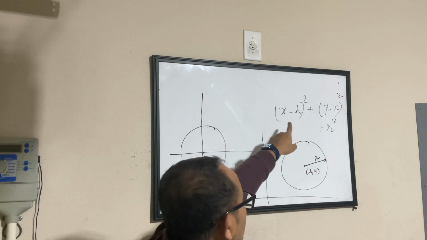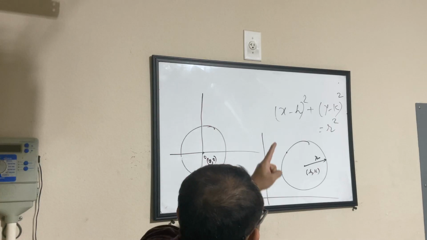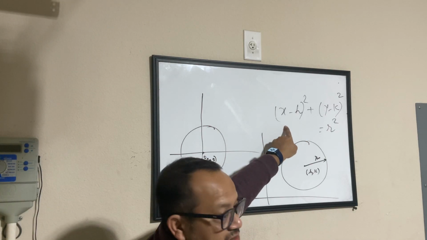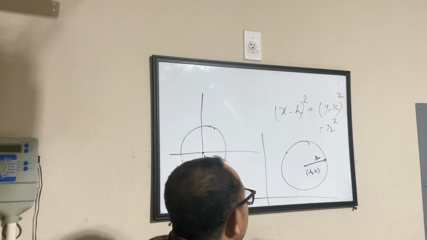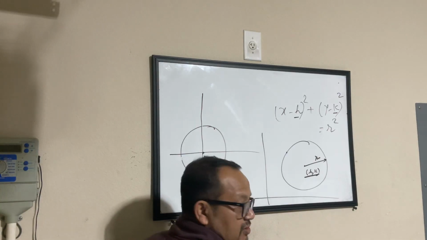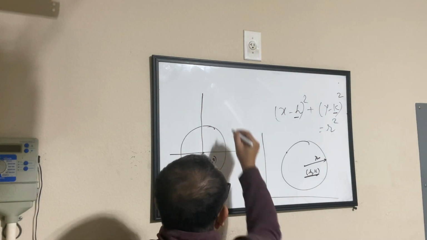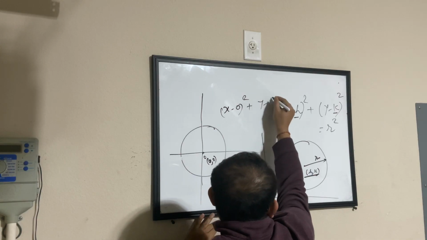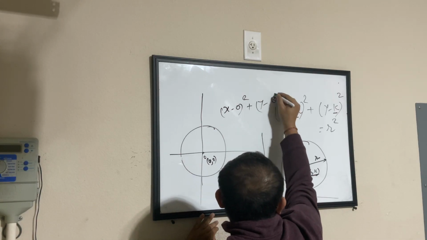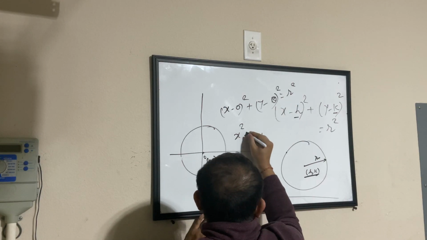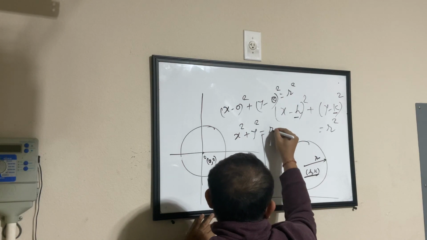Yeah. So in that case, if you substitute this value in this equation, which is the standard form of a circle equation, your h and k will be 0 because h and k are nothing but the x and y coordinates of the center. So you will put (x minus 0) squared plus (y minus 0) squared equal to r squared, or you will say x squared plus y squared equals r squared.